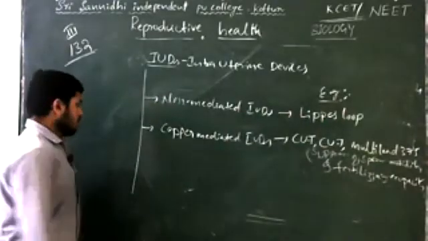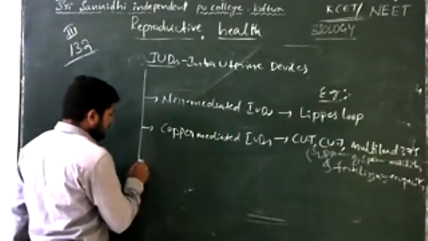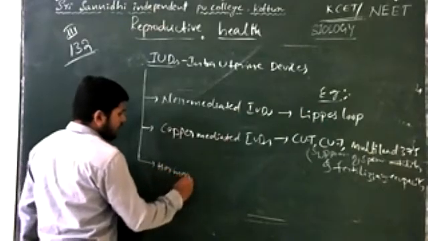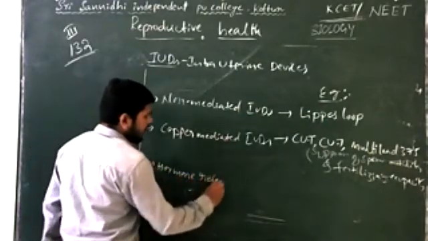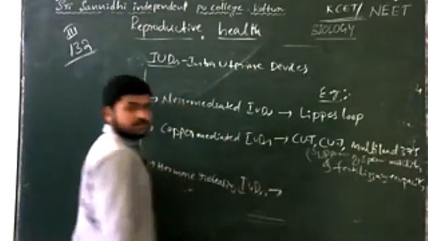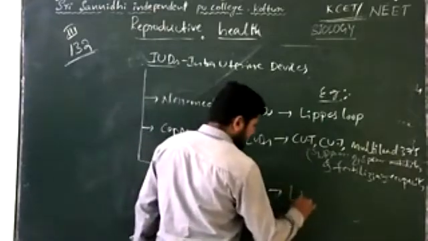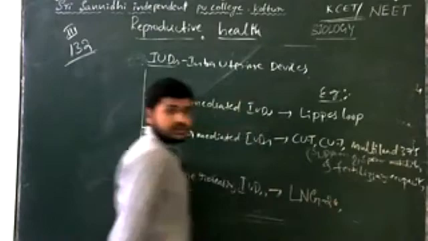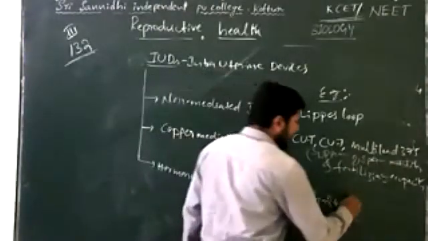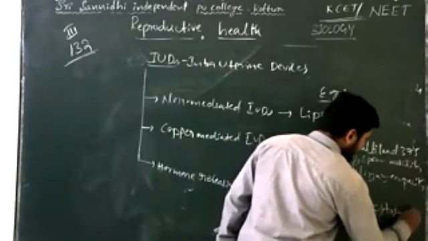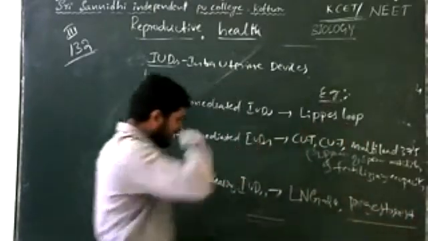right? So one more is there, that is hormone releasing intrauterine devices. For example, LNG-20, progestasert. Remember, progestasert, LNG-20.